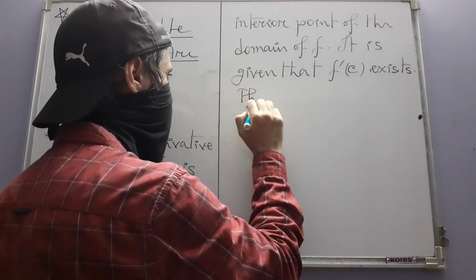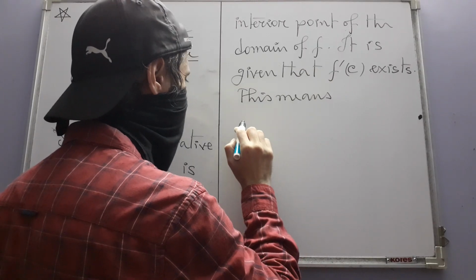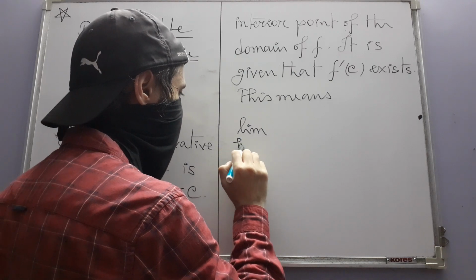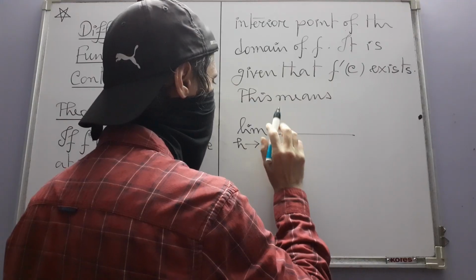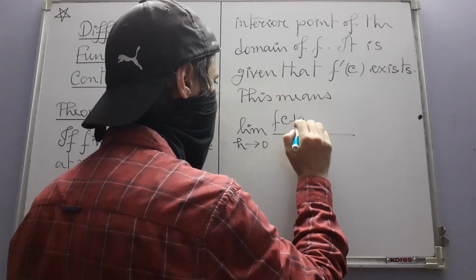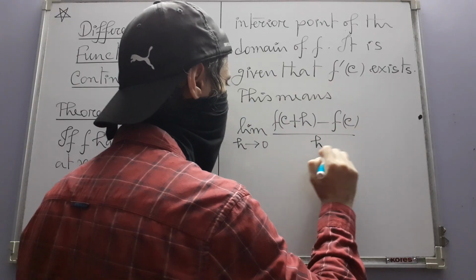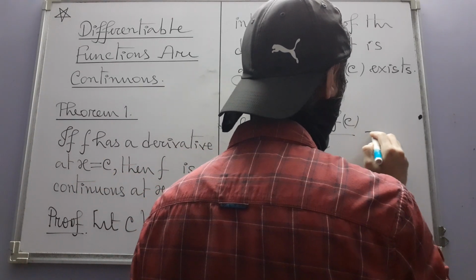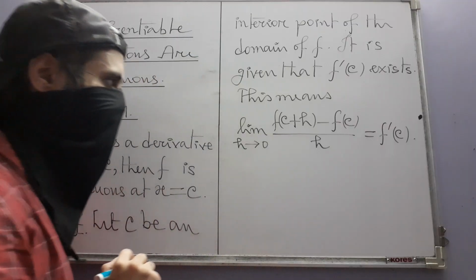This means that this limit exists: f of c plus h minus f of c divided by h, as h approaches 0, this limit exists and its value is f prime of c, this real number.